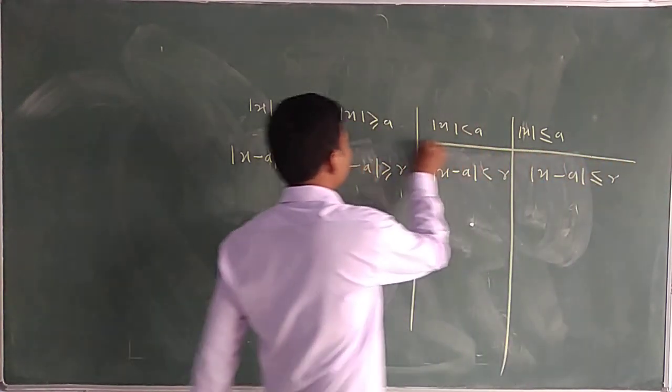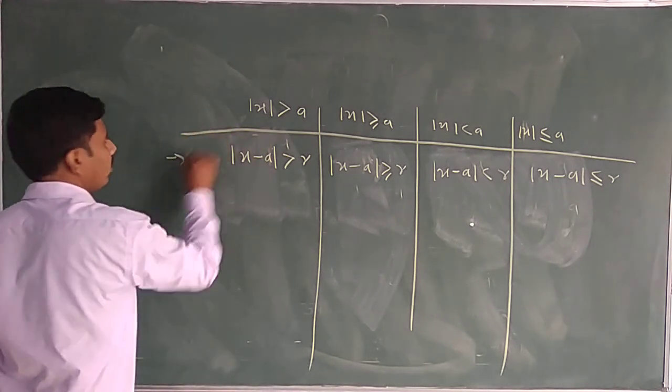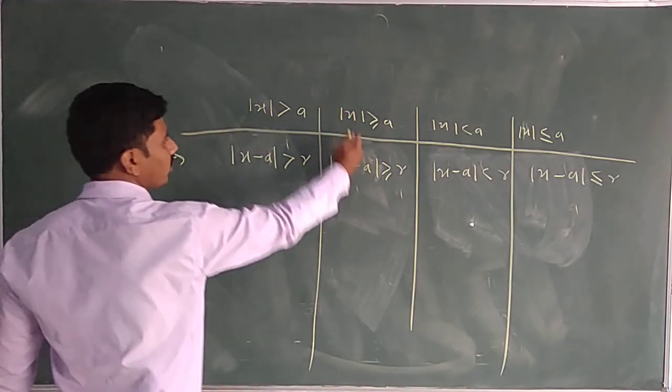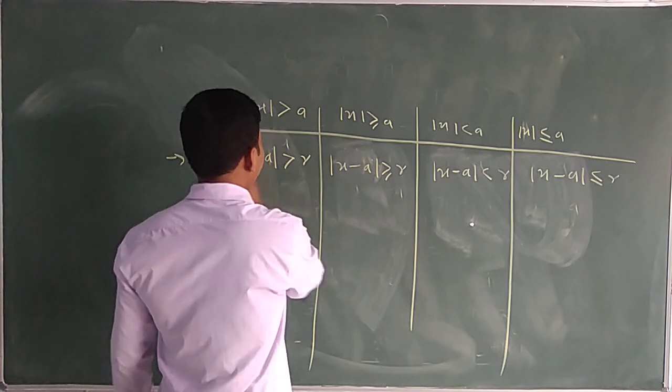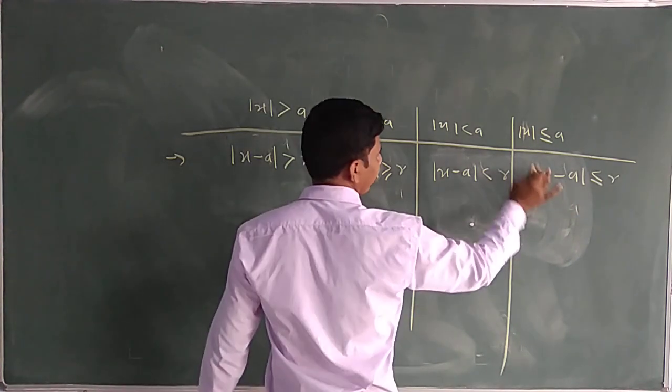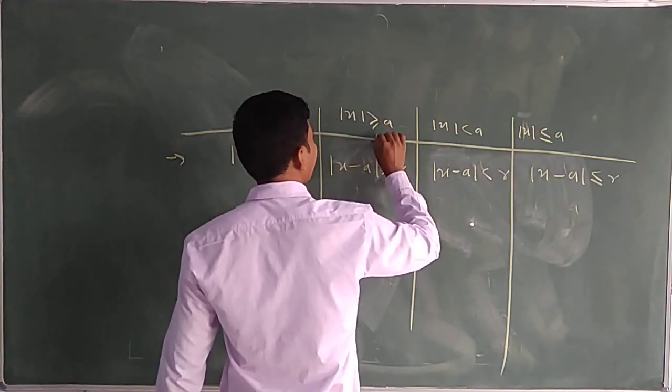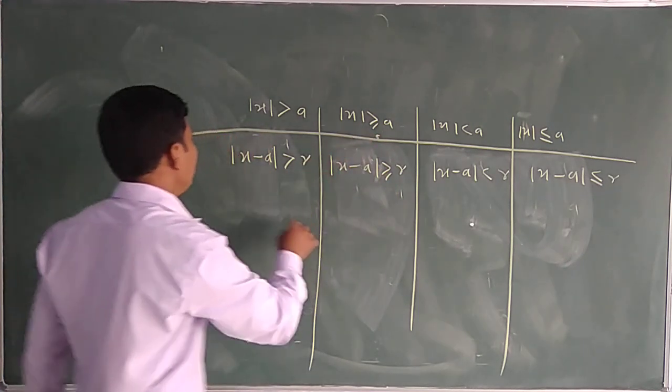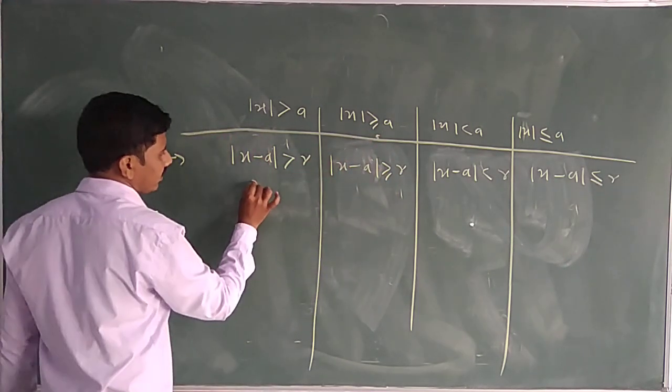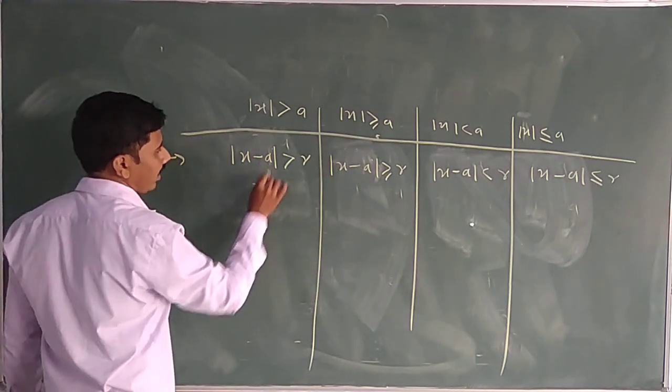I am taking the solution of the lower lines, not of the upper part. These are the relatives I am writing down beside it. I am going to take the solution of this fourth inequation. So x minus a, take a to the other side.